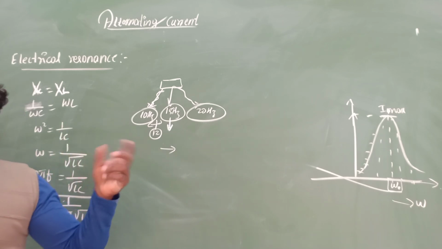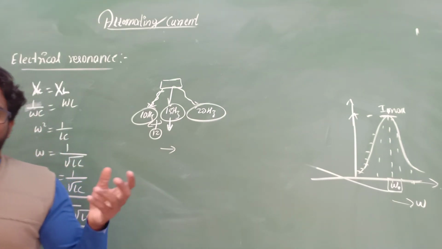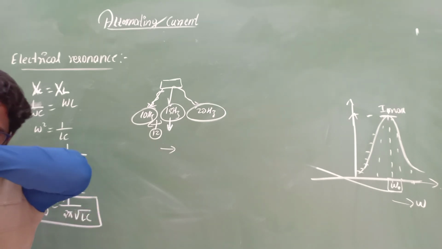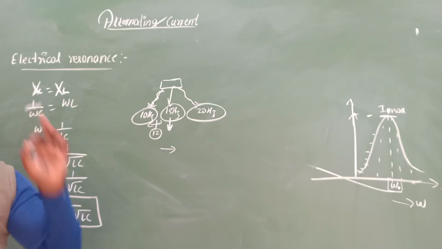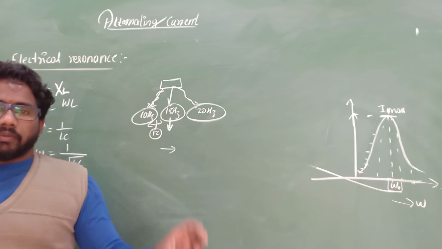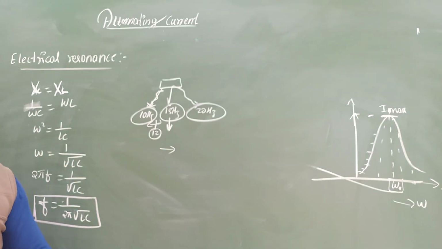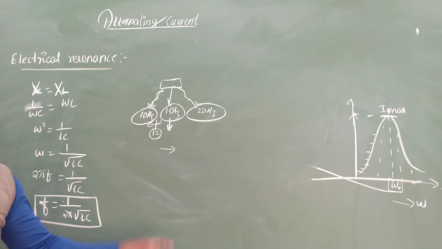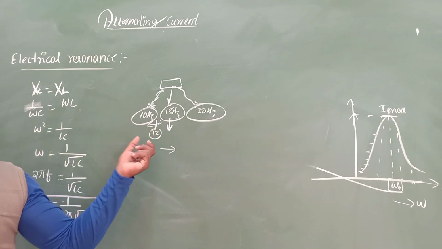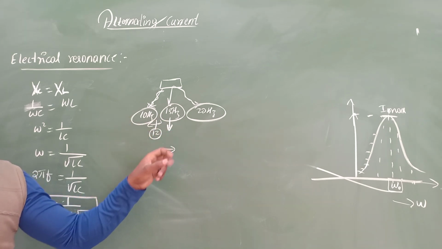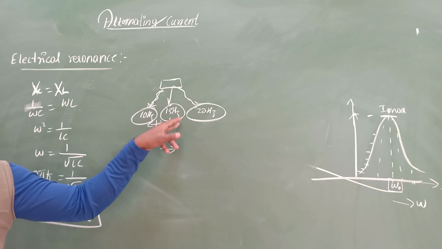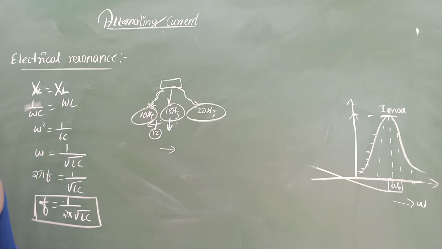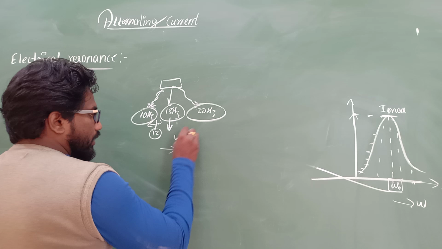Okay, so when you are tuning, you all can go and try at home. You have a cell phone that you can try. For each radio station there is a fixed value of bandwidth and frequency. That too in megahertz, but I took only hertz here. So when you start to tune the station, it has a fixed frequency of 15 hertz. When it reaches 15 hertz, only then will you get proper audio.